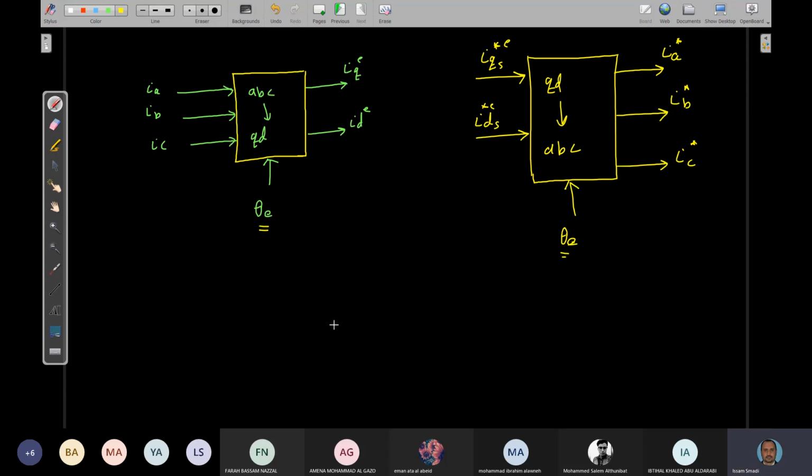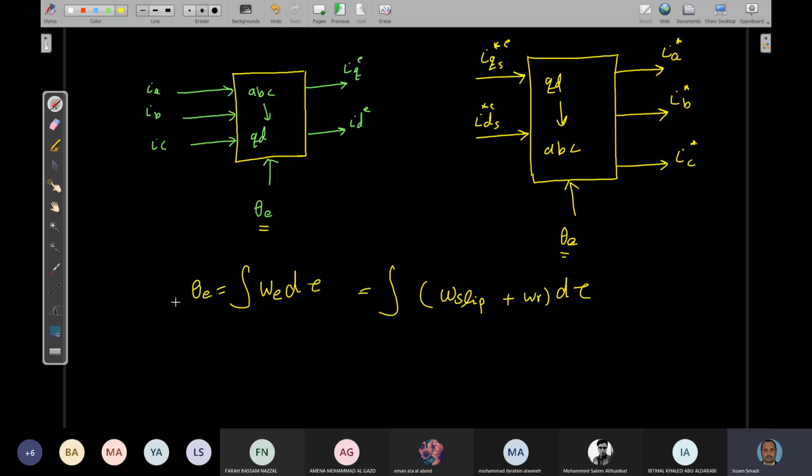And you know that theta E is nothing more than the integration of omega E d tau. And the integration of omega E is nothing more than the integration of omega slip plus omega R d tau.